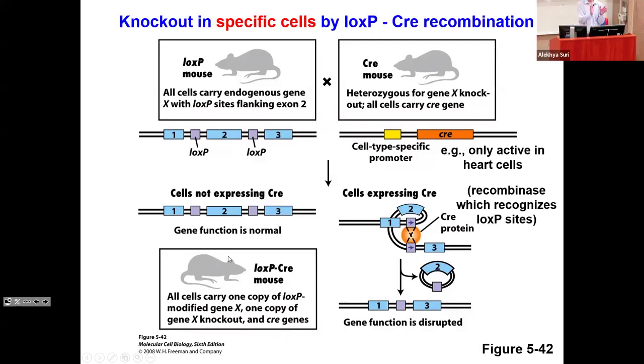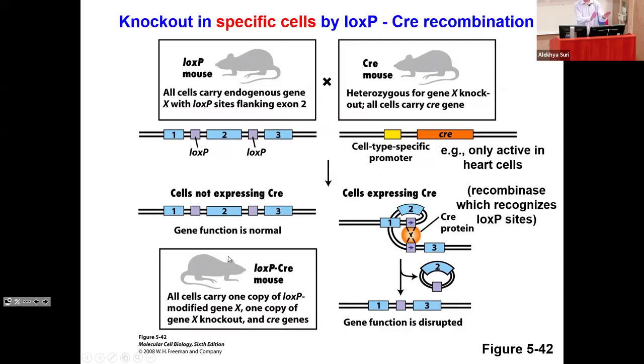This is useful when, for example, a gene is involved in development and you want to induce the knockout later in the life cycle. But very often we also use this for creating knockouts in the heart using a cardiac specific promoter.